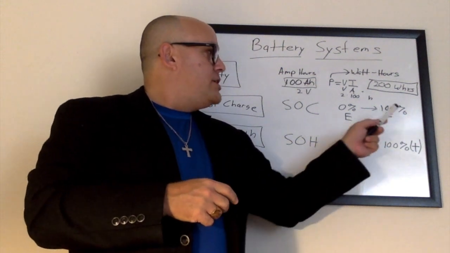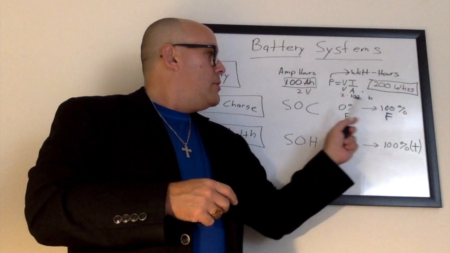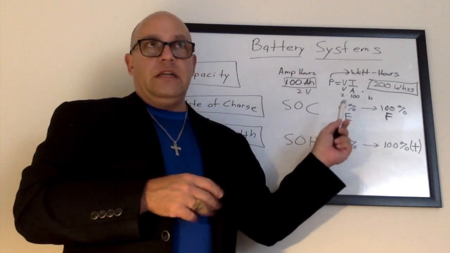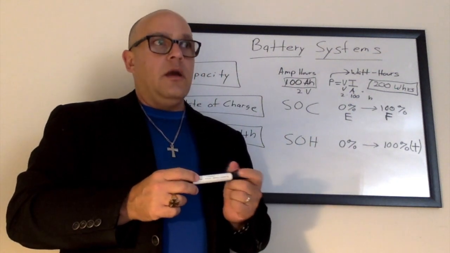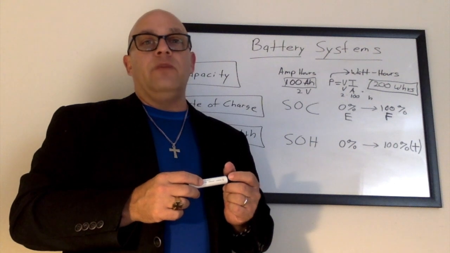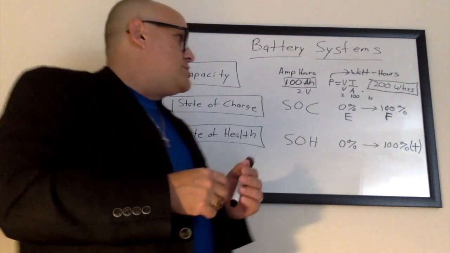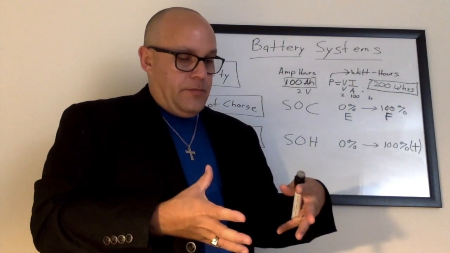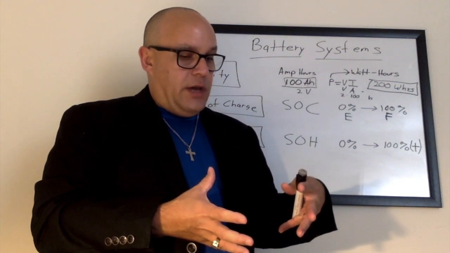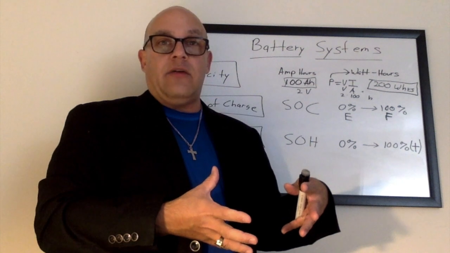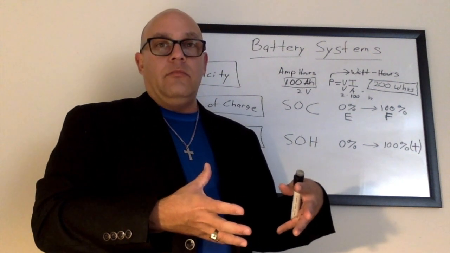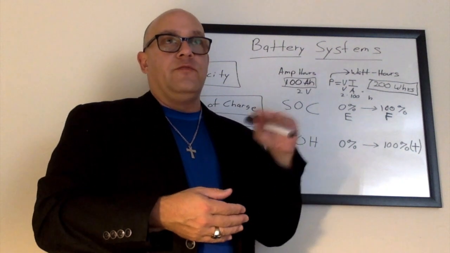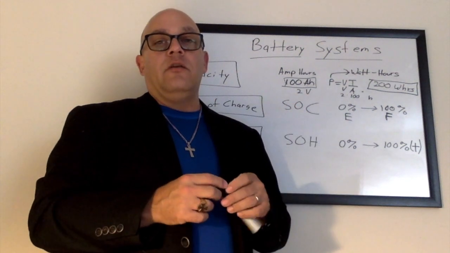So you don't want to have a state of charge greater than 100% or below 0%. That's typically not accounted for in systems engineering of batteries because state of charge is how much this battery can contain at one time as a ratio of how much it actually has at this point in time. So if a battery is fully charged, you can say it's 100% state of charge.